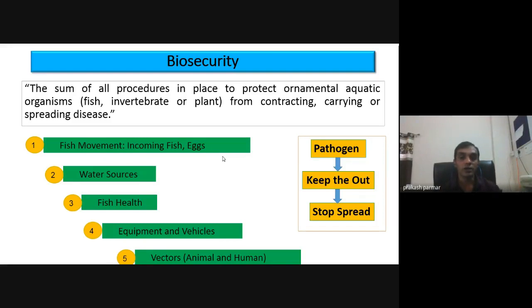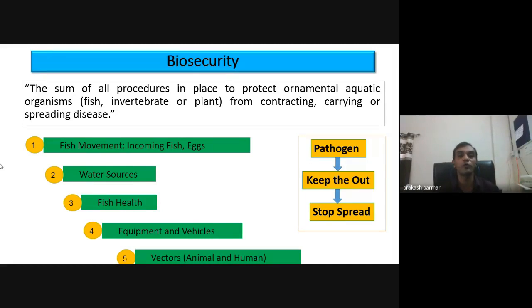We can go for these biosecurity measures in several ways. First, we have to avoid the movement of fish. These are the five different ways by which the pathogen can enter. By fish movement, when we are purchasing or selling fish, the pathogens may enter or may go to other places.